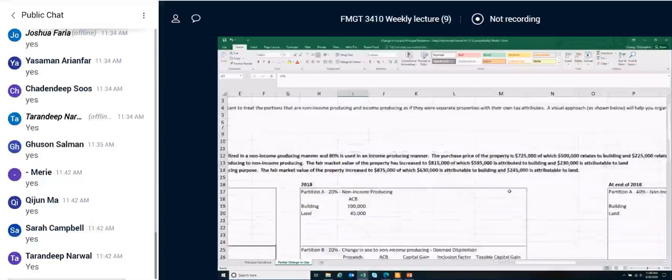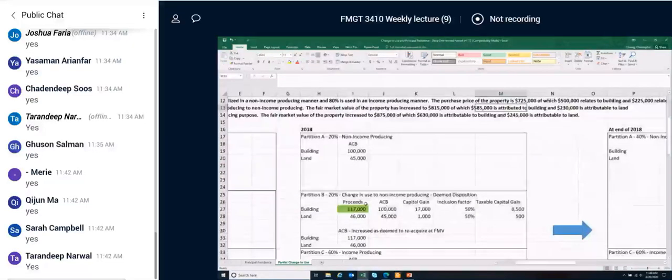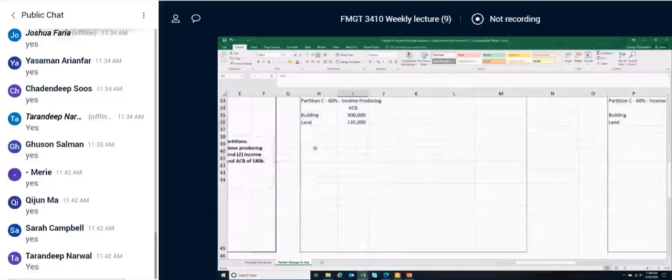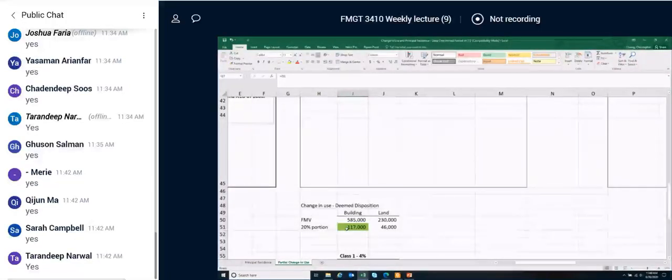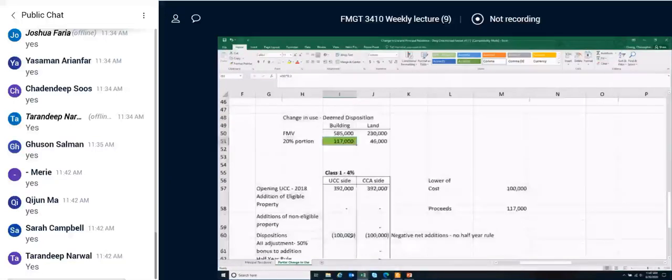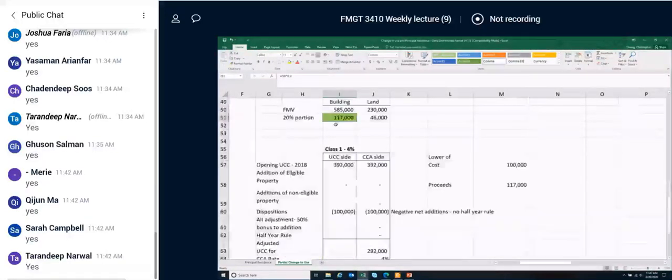So you have to ask, what's 20% of 585? That's where the 117 comes from. Down here is how we showed the 20% portion. I should increase the size a little bit more. So that's how we calculate the 117.